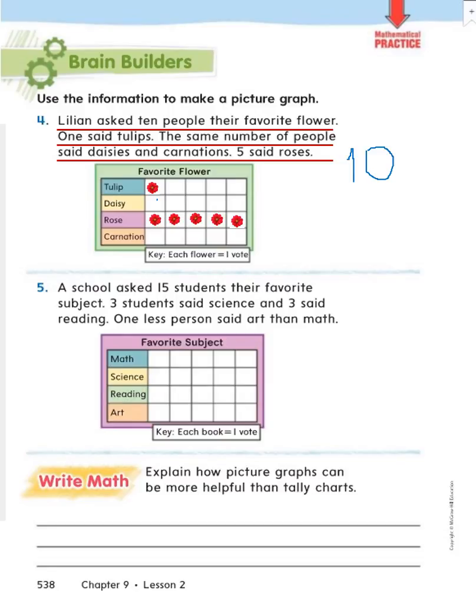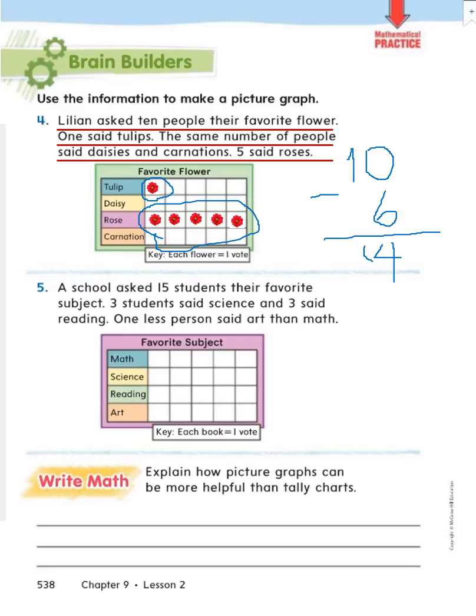Well, we know that 1 plus 5 equals 6. Now are we going to add or subtract? We're going to subtract. And 10 minus 6 equals 4.